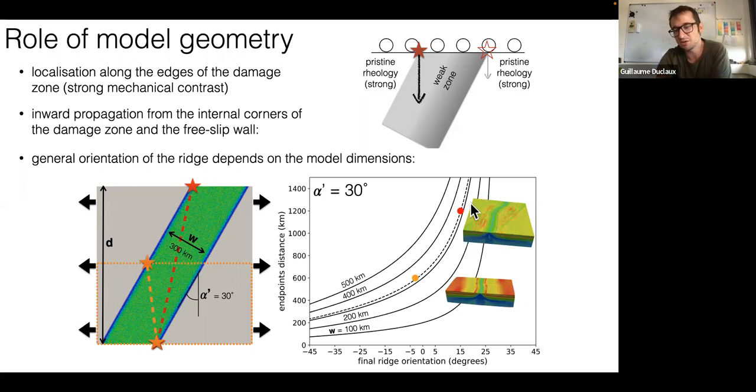So if we've got here a square model, which is 1200 by 1200, with our 30-degree obliquity imposed, we end up with a rift, a ridge obliquity, of about 15 degrees. But if I take a model which is half the width here, because it's only 30-degree obliquity, we are going to have almost an inverse direction or a non-oblique rift.